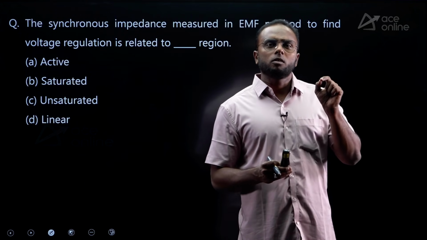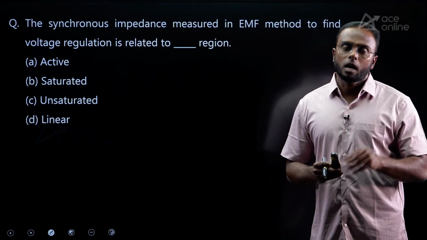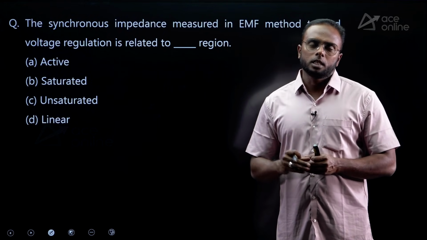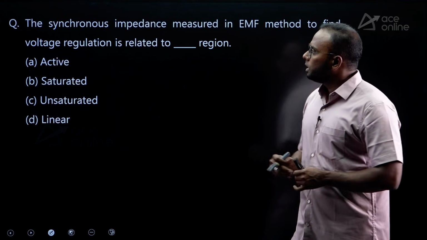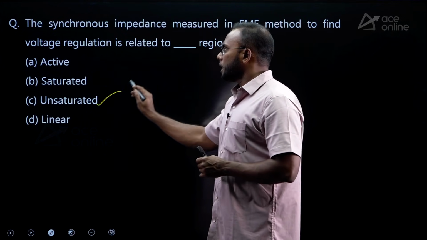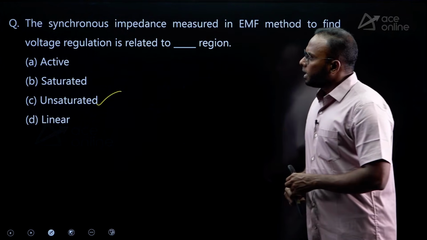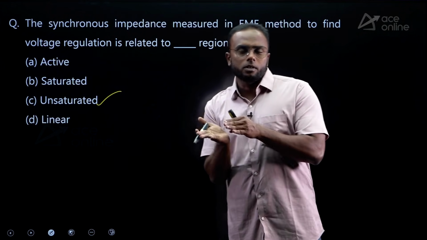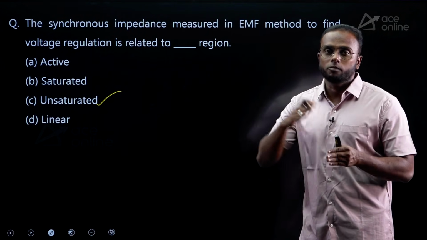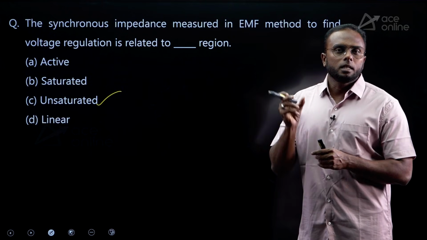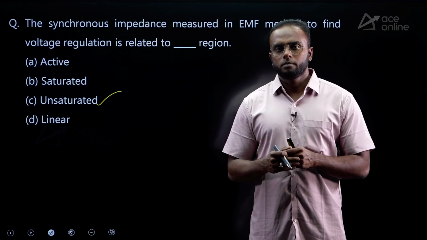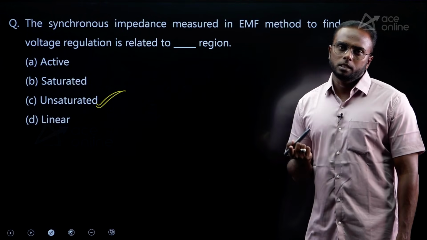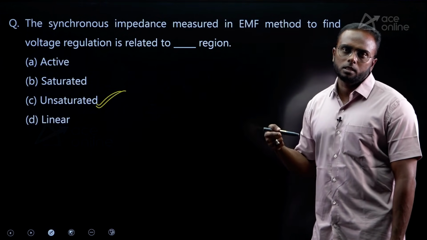The actual Zs is always obtained after saturation. But before saturation the value of Zs will be a little higher, that is why we get more regulation in that method. So it is related to the unsaturated region. The actual impedance relates to just after saturation, but that Zs is difficult to find practically, that is why we calculate in the unsaturated region, and that is why it gives the highest regulation among the methods we have.